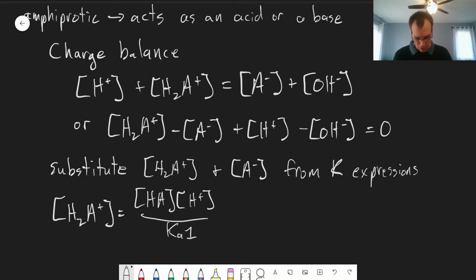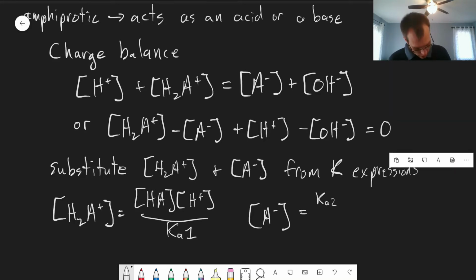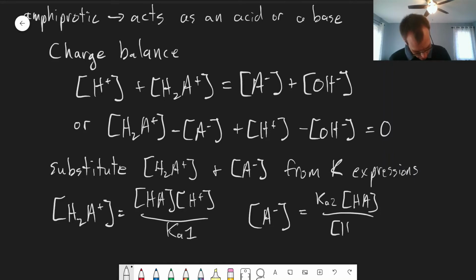So we just took Ka1 and rearranged it to solve for H2A plus. And we can do the same thing for A minus with Ka2. We're going to express everything in terms of Ka's here. Ka2 is equal to A minus and H plus over HA, so A minus is Ka2 times HA over H plus. And we're also going to get hydroxide out of there. We want everything in terms of H pluses as much as possible. So concentration of hydroxide is Kw over H plus.